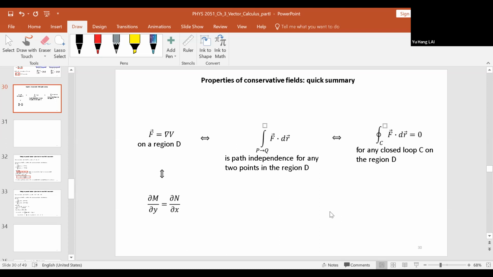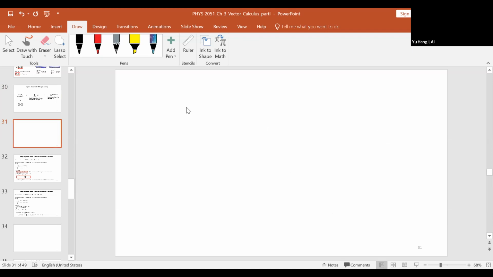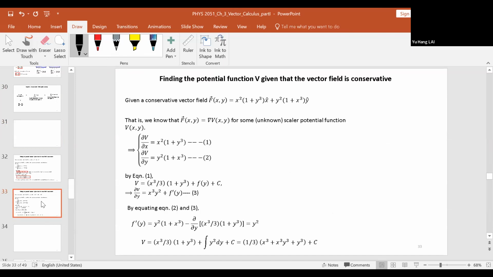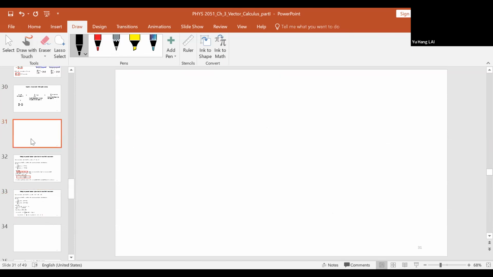Before we move on to the next item, let's consider one vector field and see whether it is conservative, and if it is, how do we find the corresponding potential function for this field? This is the same example as in this slide, but I'll do it by handwriting here.